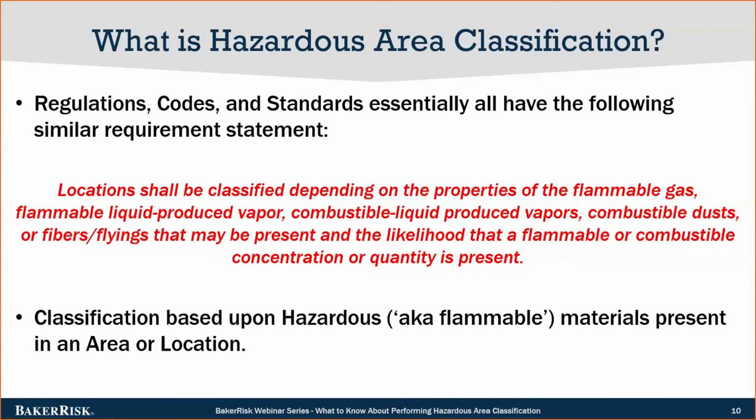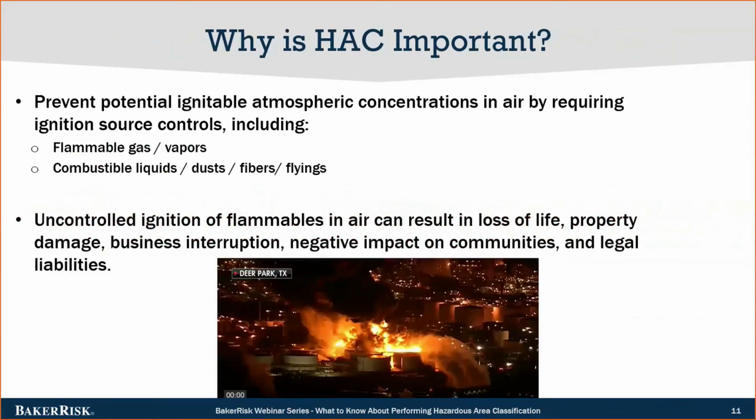So why is hazardous area classification important? The objective is to prevent potential ignitable atmospheric conditions in air by requiring ignition source controls. The ignition source controls may include flammable gases or vapors. It may include combustible liquids, dust, or flyings.